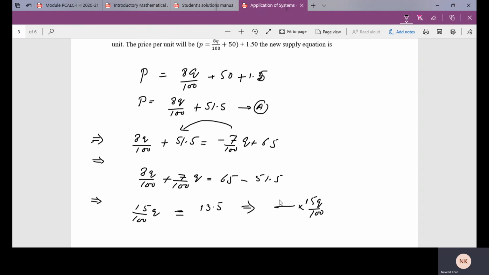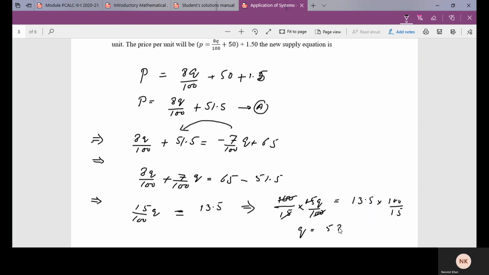To delete 15 by 100, just multiply both sides by 100 by 15, so here also it will become 13.5 multiplied by 100 by 15. So this 100 and 100 will cancel, 15 and 15 is cancelled. So Q is equal to, here we have 58.7 units.